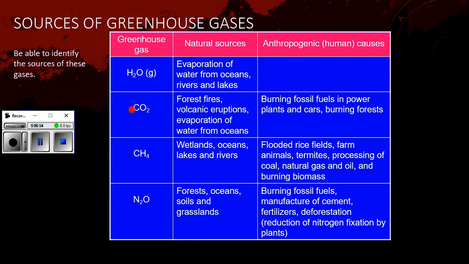Carbon dioxide, what nature does to create carbon dioxide, what humans do to create carbon dioxide, methane, and nitrous oxide. So again, the biggest culprit for the greenhouse effect currently is carbon dioxide, followed by a close second of methane.